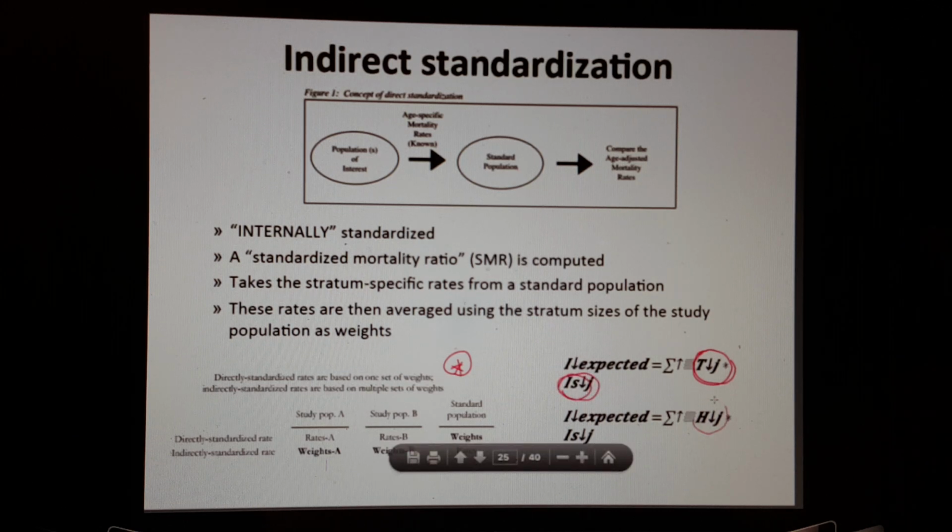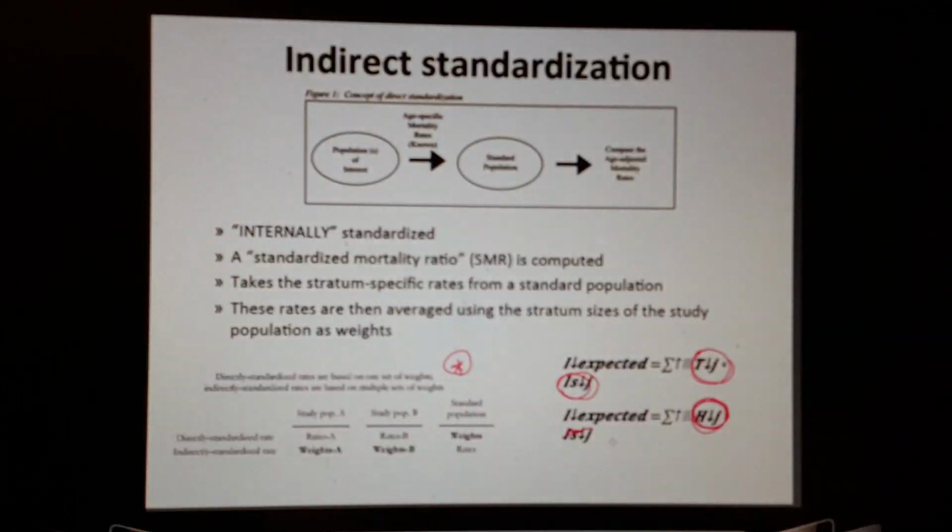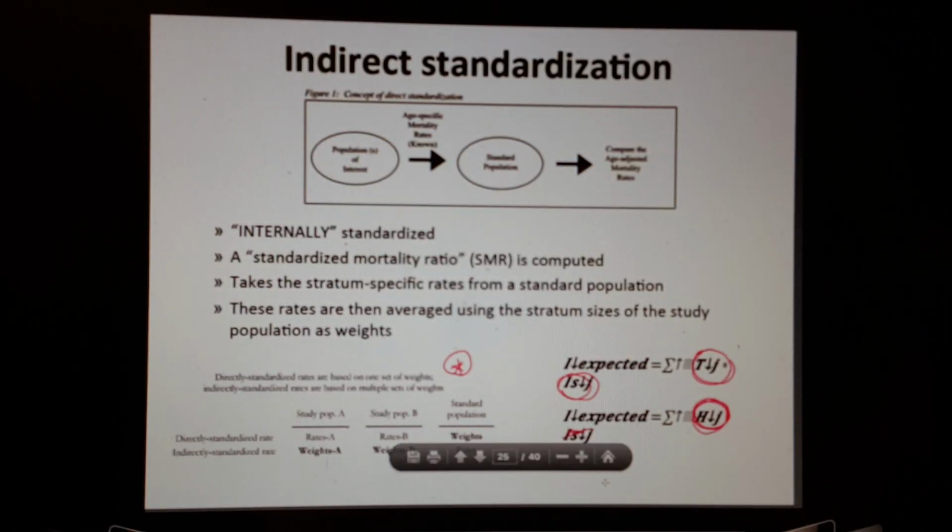Now here's the risk in your population, the risk in the standard population, and here is your rate. Okay? So this is just the exact mirror opposite of direct standardization.